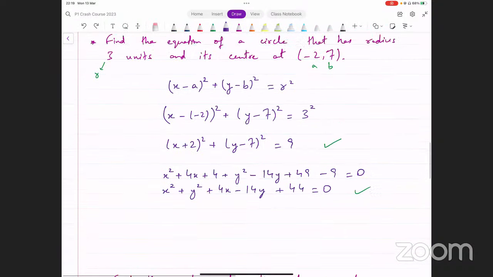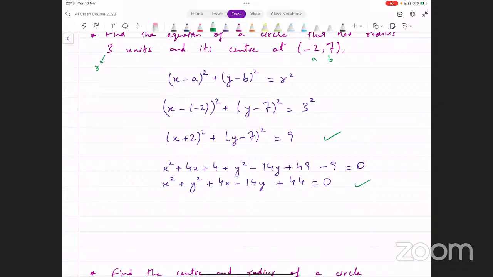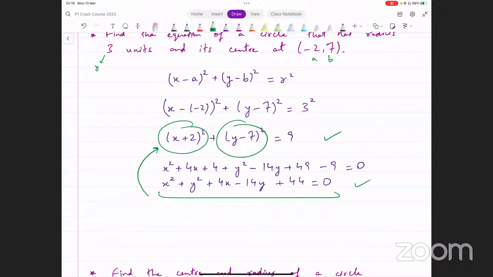We looked at this earlier, how to go from this standard form to the expanded form. We just expand these using identities. How do you go the other way around? Remember this, we've done this in quadratics. How do you go from expanded form to something like this where you have perfect squares? In order to go the other way around, you actually have to complete the square.